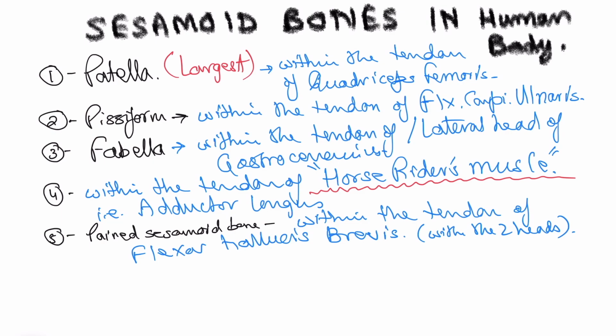And mind it, this will be more common in people who walk on toes, like females who walk on high heels. So there are more chances of development of these sesamoid bones within the tendon of flexor hallucis brevis. Well, there are many other sites where people do develop sesamoid bones, but at least these are common and important, so I have mentioned them here, right?